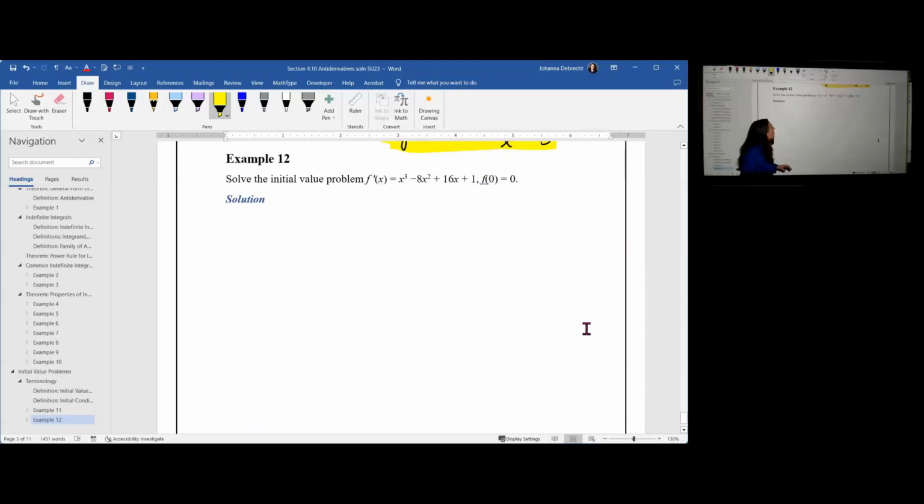In example 12, we're told that the derivative of the function f is the cubic function here, and that a point on the antiderivative is the point (0, 0) at the origin. Pause the video and work this out, and then turn the video back on to check your answer.